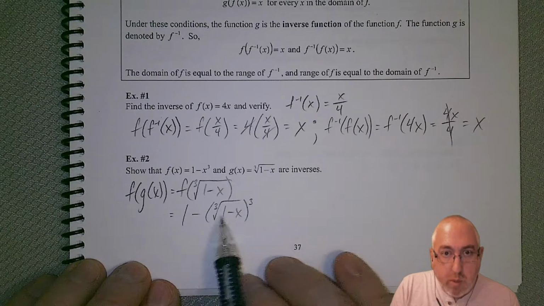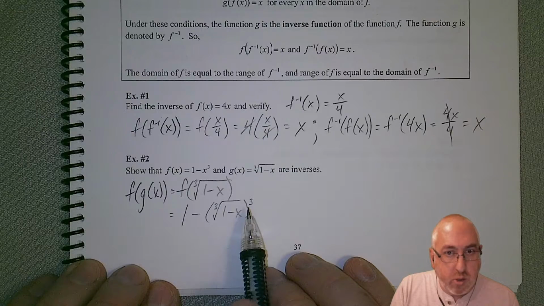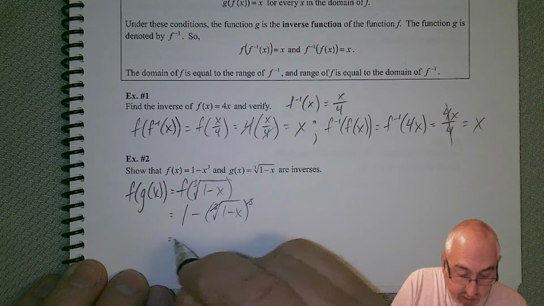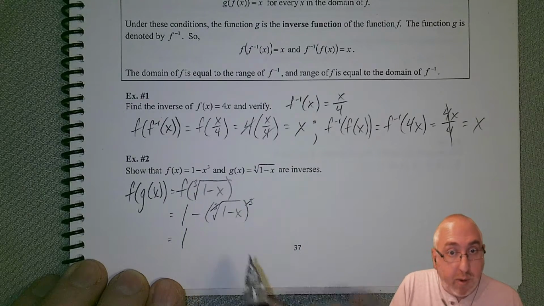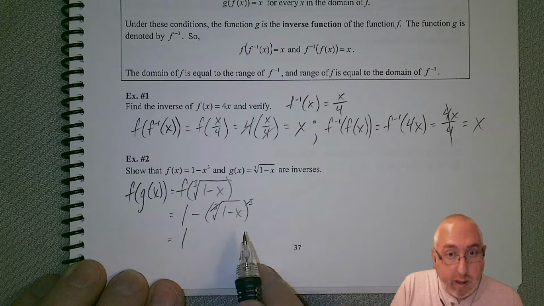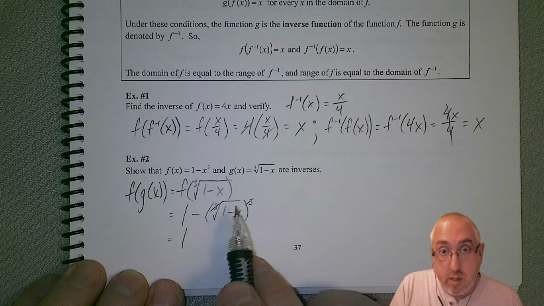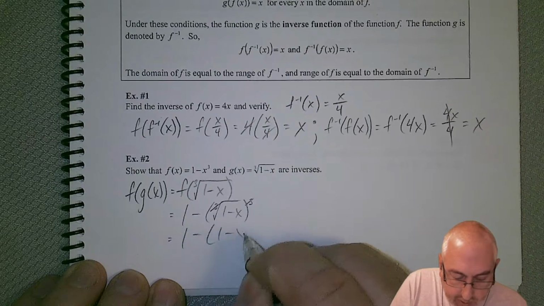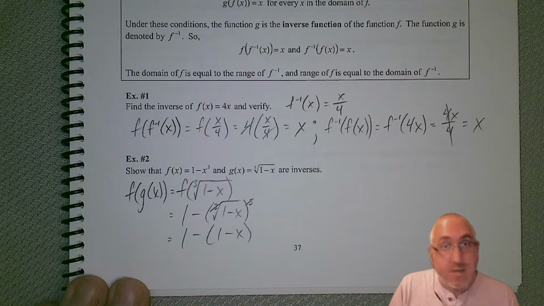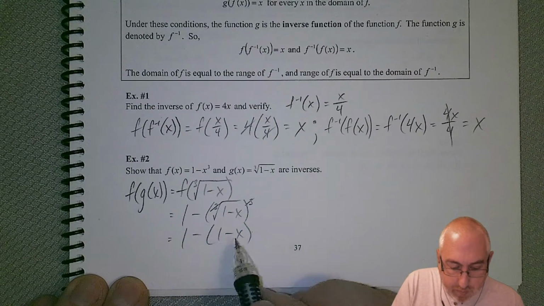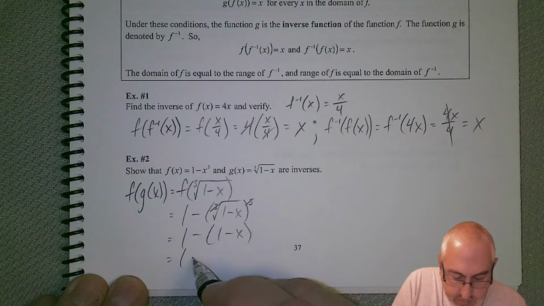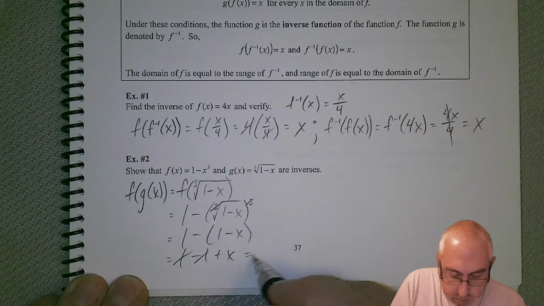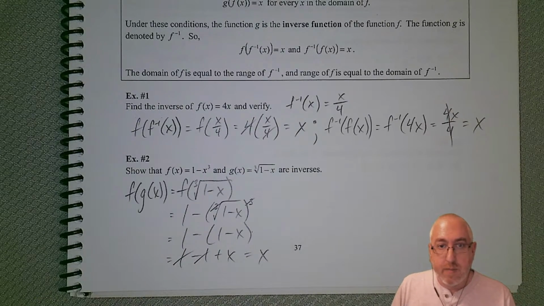Well, cube and cube root, that's really going to trump everything. So let's cancel those out. And now let's be careful how we write the rest of it. The parentheses are not gone. The cube roots and the cubes are. So we're going to keep those parentheses, 1 minus x. And now we can see why, because when we distribute, that makes that x a positive x. And now the 1's cancel, and you're left with x.